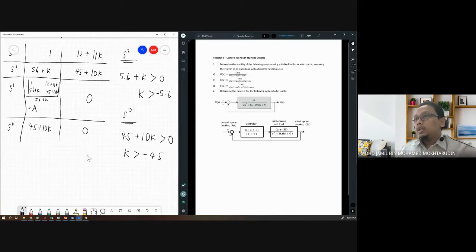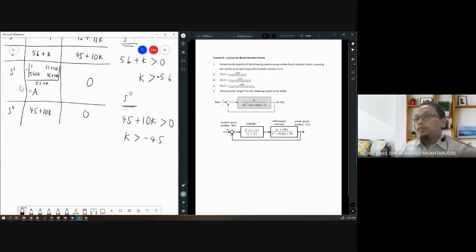Now we look at s to the power of 1. We need to simplify this, and this must be positive as well.